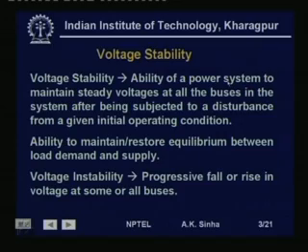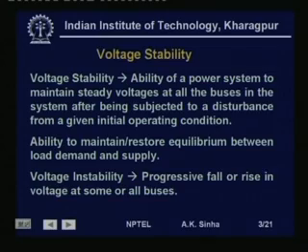What this means is, if a power system is operating in steady state and some disturbance takes place, whether the system is able to come back to another stable operating condition where all the voltages are within the operating limits or not.